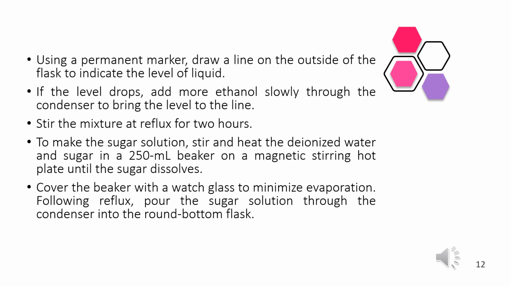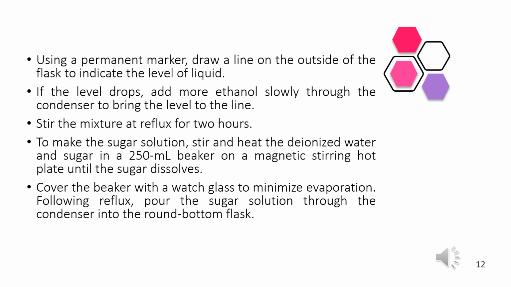Cover the beaker with a watch glass to minimize evaporation. Following reflux, pour the sugar solution through the condenser into the round bottom flask. So, after the preparation of the sugar solution, when the sugar is dissolved on the magnetic stirring hot plate, we will cover the beaker with the watch glass.